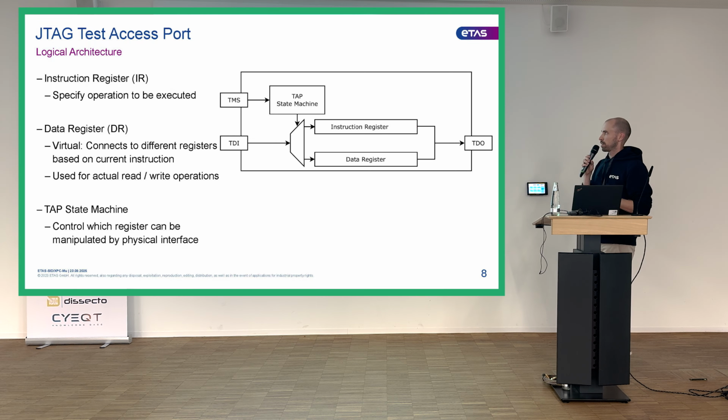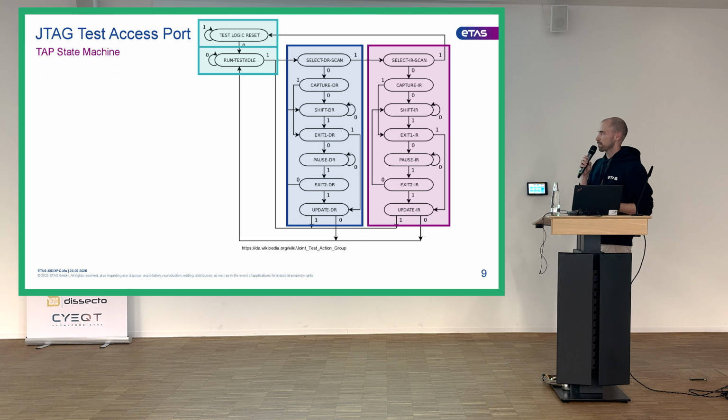And we can already see here the signals that I need for this. We have the TMS signal, and with the TMS signal, I control the state machine. Then with the TDI and TDO, I push new data in, and I get data out. So TDI and TDO are for data, and TMS is controlling the state machine.